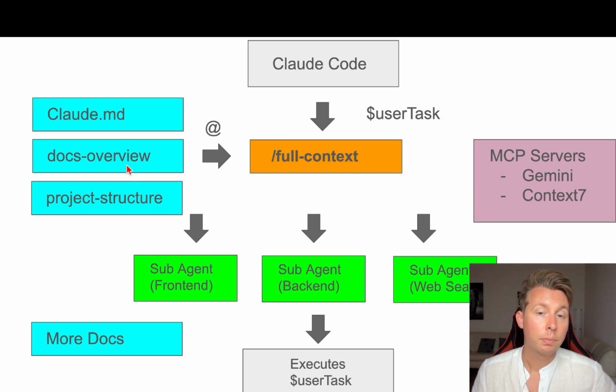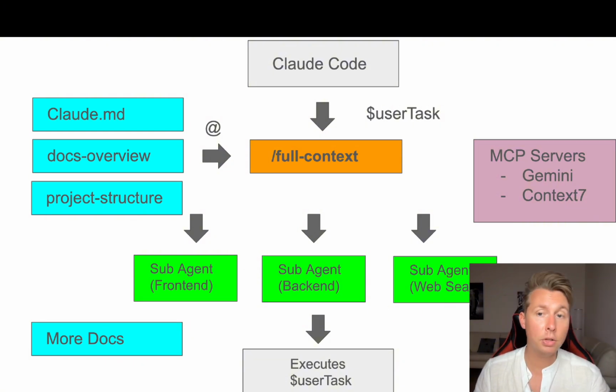Then Claude Code analyzes your user task, has the full context prompt, knows the most important stuff, and spins up sub-agents with specific tasks. For example, in our task, improve audio latency, one sub-agent checks the front end, another sub-agent the back end, and another sub-agent maybe does a web search.